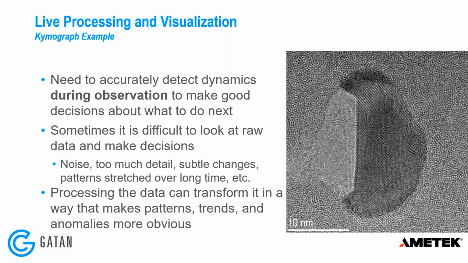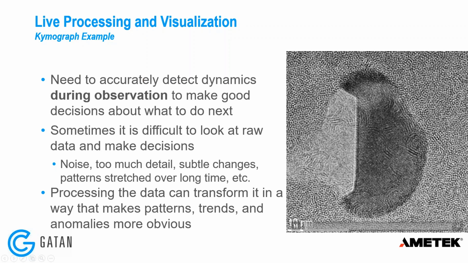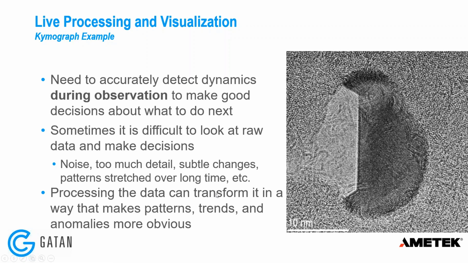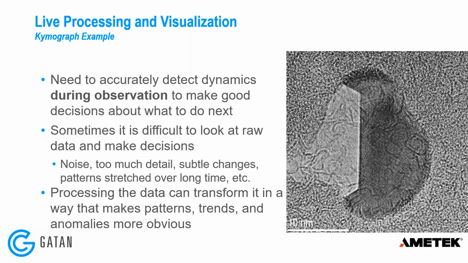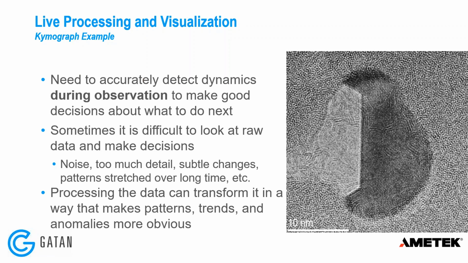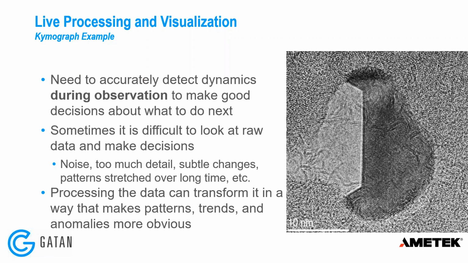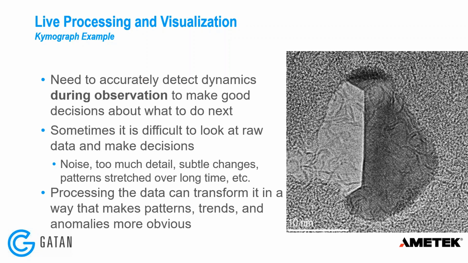There might be a lot of noise or just too much detail in a large field of view. There might be subtle changes, or there might just be patterns that are stretched over a long period of time, like is the case in this data set here, as I'll play the video. But processing can transform the data in a way that makes those patterns and trends and anomalies more obvious.